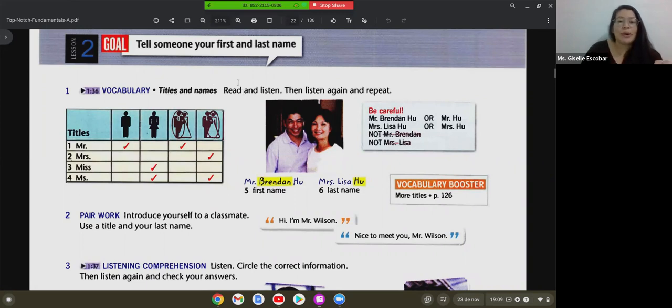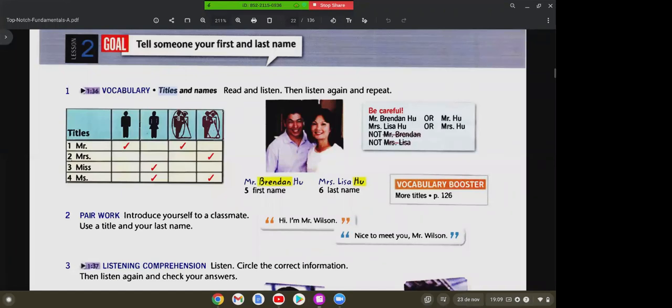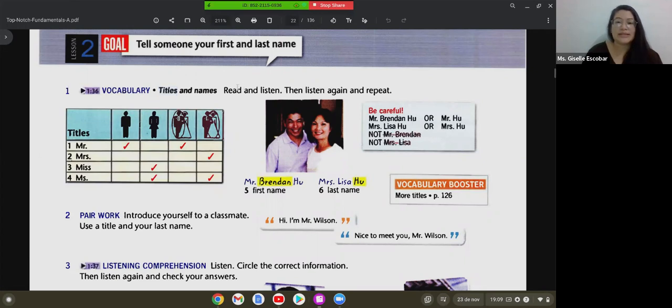So we have for vocabulary titles and names. Titles. Can you say that? Can you repeat? Titles. Titles and names. It says read and listen. Read and listen.